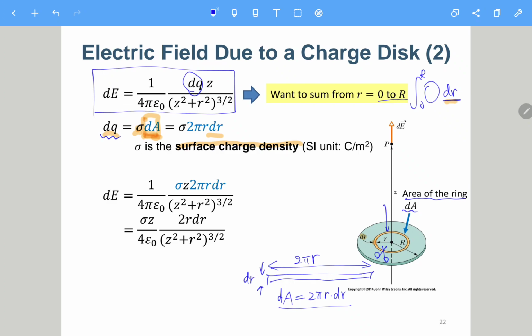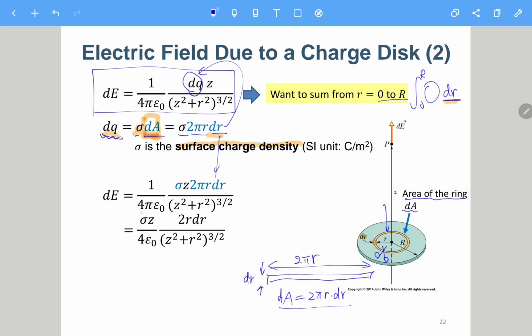So we plug this one into here. We will have 2 pi r dr multiplied by sigma, and this is dq. We plug it back to here.